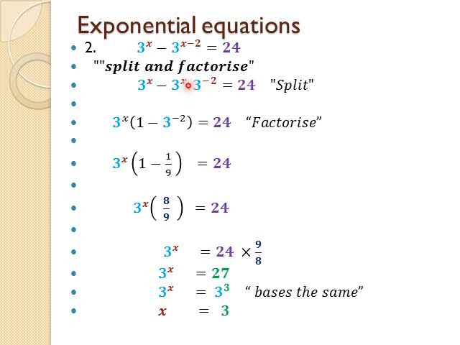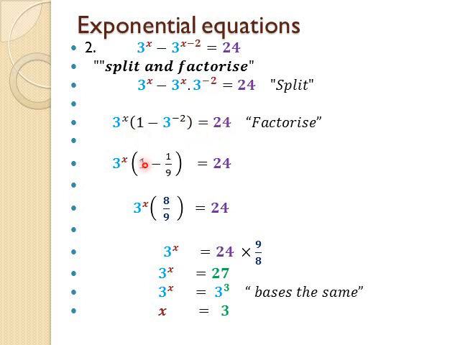Take note, in reality the dot must be there in the middle to show multiplication, but most of the time nowadays they just type it at the bottom. So there, 3 to the power x, 3 to the power x. If I take it out as a common factor, anything divided by itself, 3 to the power x divided by 3 to the power x gives me 1. If I divide, 1 times anything stays the same, so I'm left with 3 to the negative 2 equal 24.